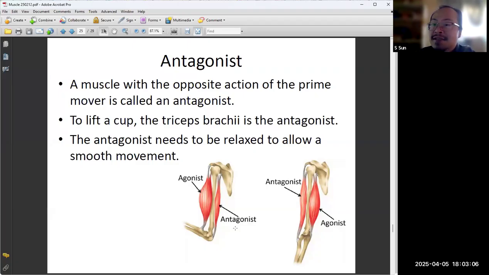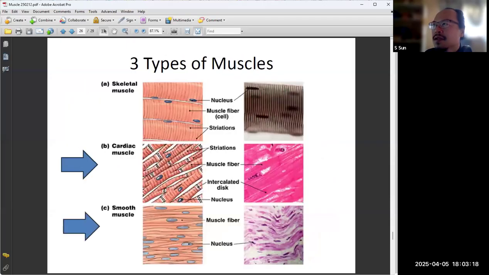So that's just a symptom or phenomenon when the motor neurons don't fire accurately. So that's the overall we need to know about the skeletal muscle.